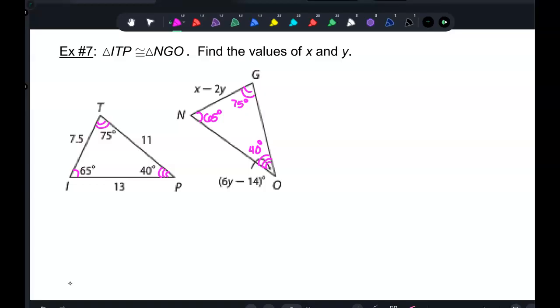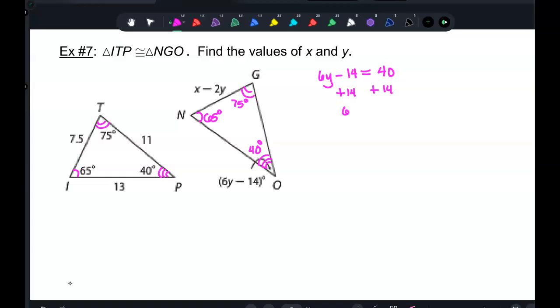Okay. N is 65. Okay, so wait. 6y minus 14 is the same as 40 degrees. So I can just set 6y minus 14 equals 40. So let's go ahead and solve that.